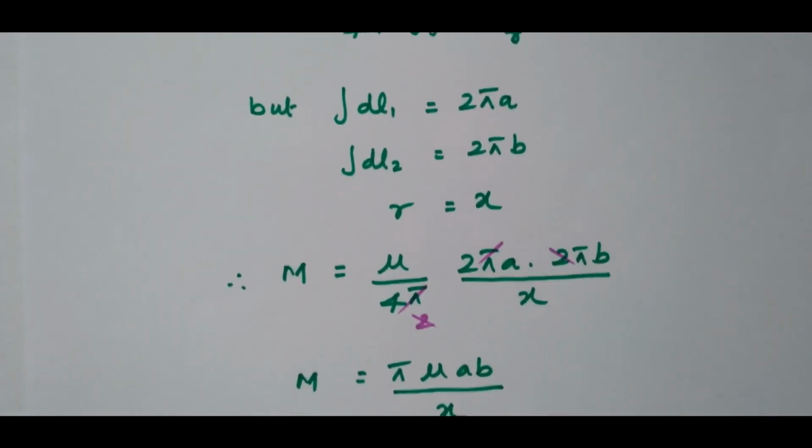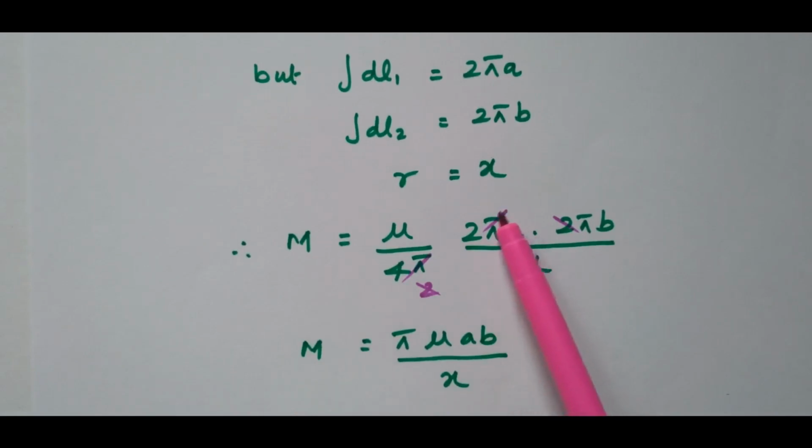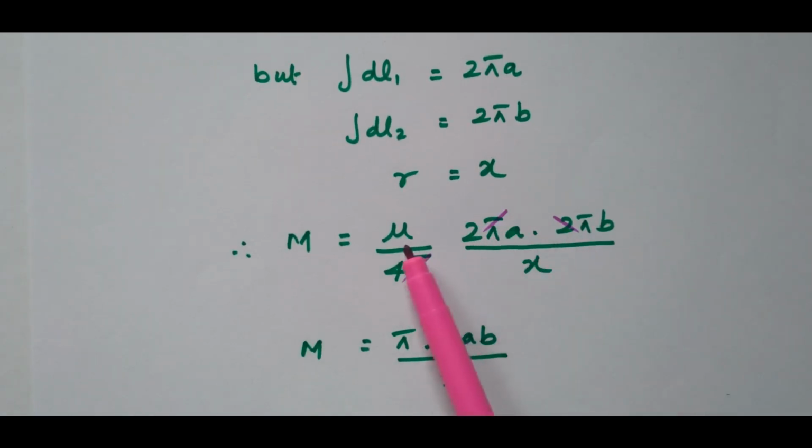After simplification, what do we get? This 2 pi and this 4 pi, so 2, these 2 and these 2 get cancelled. So finally we have M equal to pi mu a b divided by x, right? The mutual inductance between these two conductors.